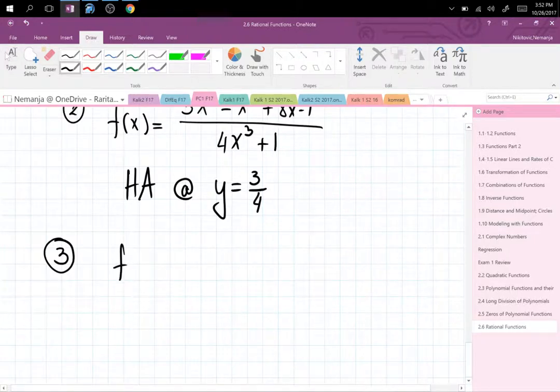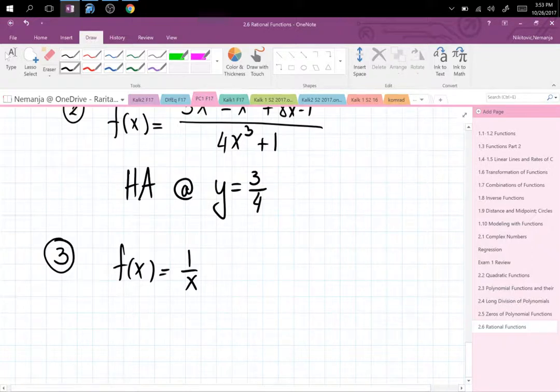Oh, I almost forgot. Didn't we have the initial problem? Do we have a horizontal asymptote here? Anyone? y equals 0.